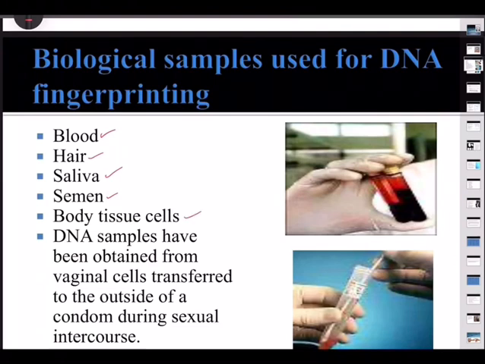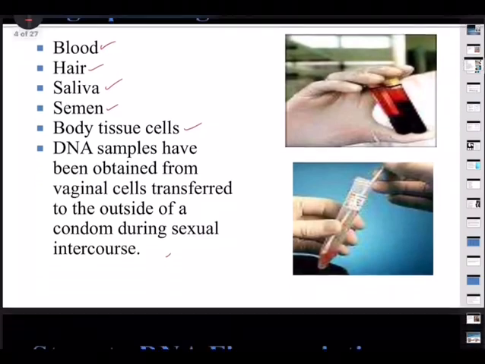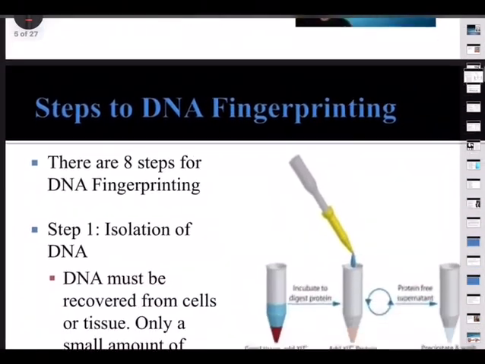The cells may be skin cells, the cells of nail, there can be hair. So DNA samples have been obtained even from vaginal cells transferred to the outside of a condom during sexual intercourse. So any of this is enough for us to do DNA fingerprinting.